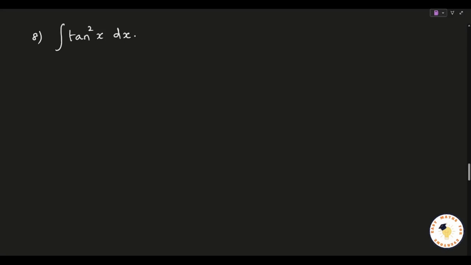Let us solve this sum, integral tan square x dx. There is no formula support directly for this, but we can use the trigonometric identities to solve this. We know well that tan square x equals secant square x minus 1. Using this identity here, we can write this integral as secant square x minus 1 into dx.